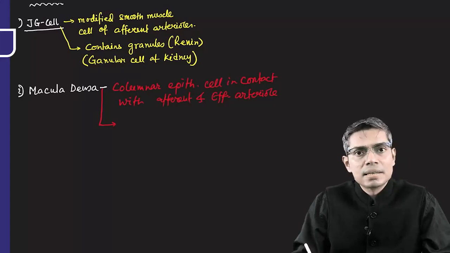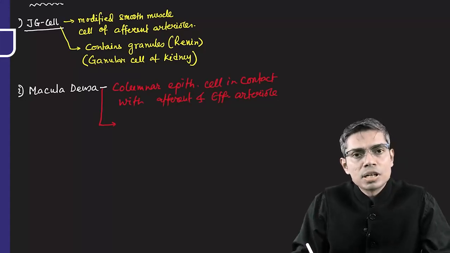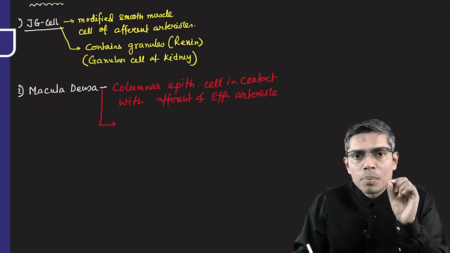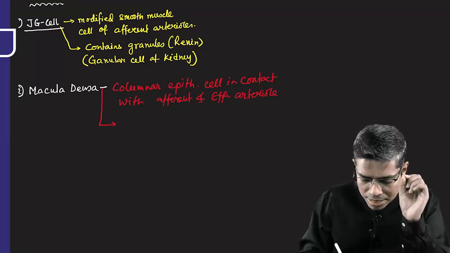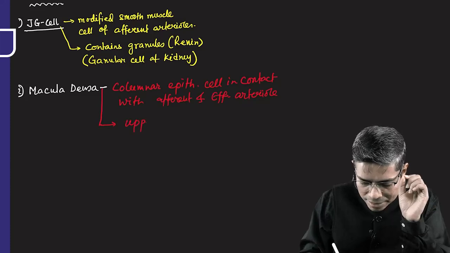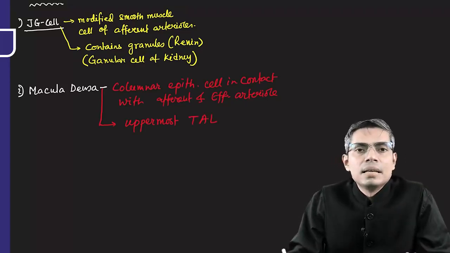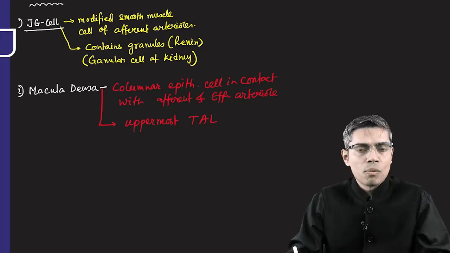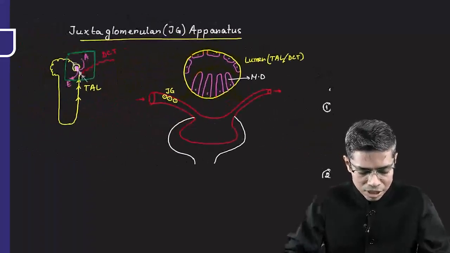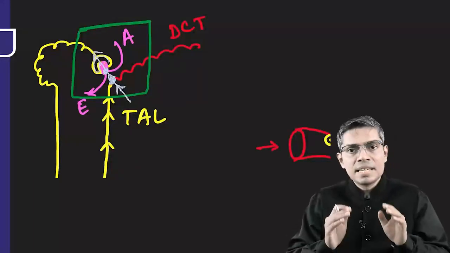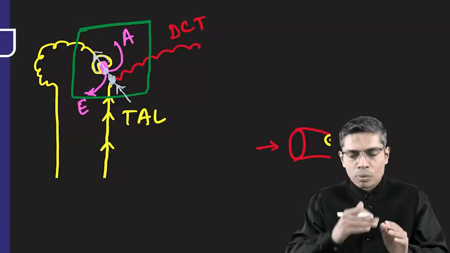Macula densa cells are located in the uppermost part of the TAL, the thick ascending limb of the loop of Henle. What I told you at the beginning of this lecture is that the thick ascending limb, where it forms the DCT, is the area in contact with the afferent and efferent arteriole, in contact with the glomerular capillary.